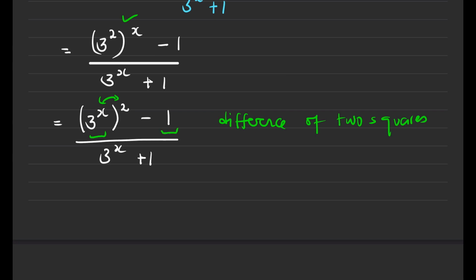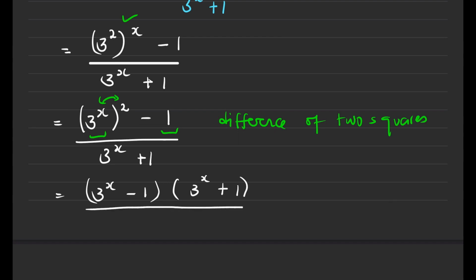All right? So basically, how do we write this expression? It's going to be 3 to the x minus 1 multiplied by 3 to the x plus 1, and we divide everything by 3 to the x plus 1.